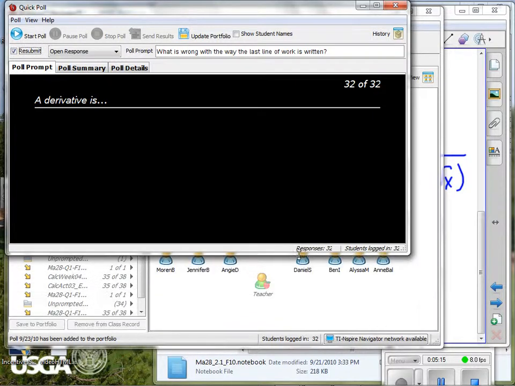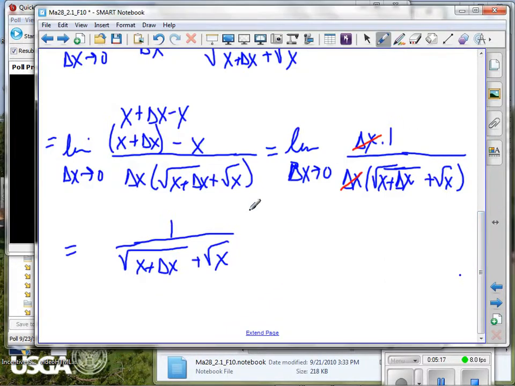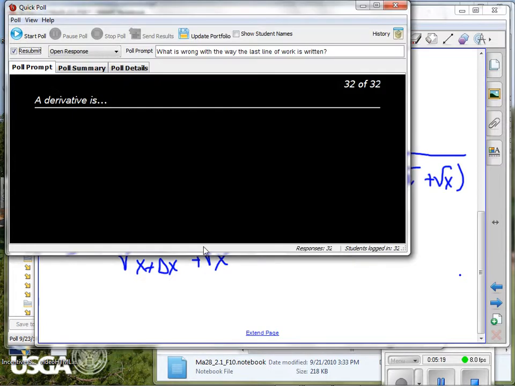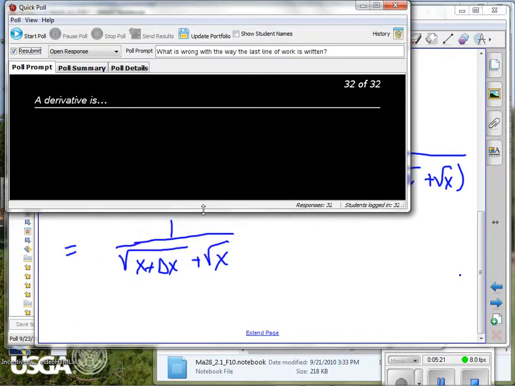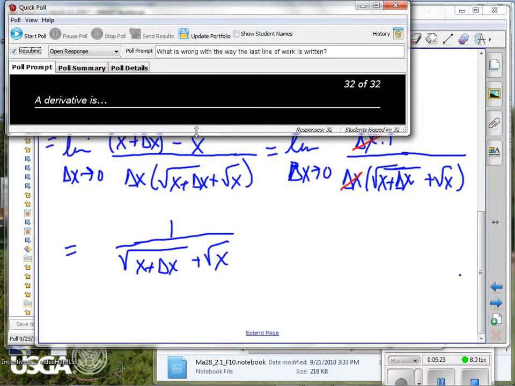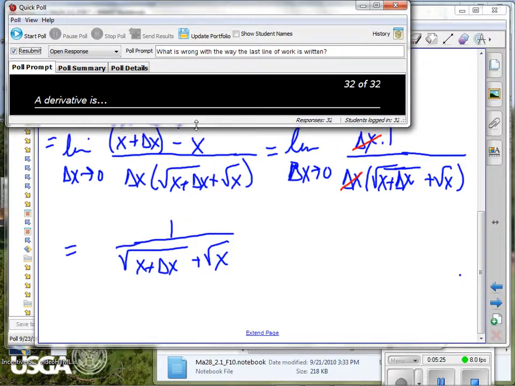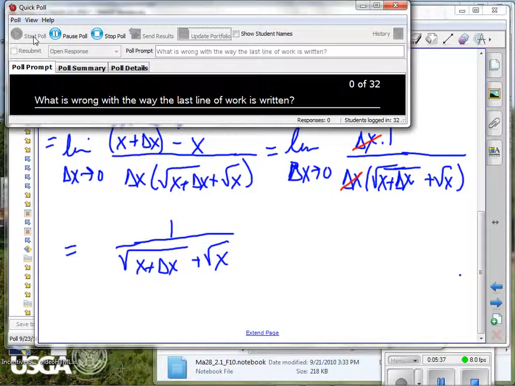Let you see this work here. Actually, you gotta see it from up here. Whoops, what did I do? I said resubmit. Sorry about that. Let's stop that. I don't want you to answer that question. I want you to answer this one. There you go. First one, second one should be gone, I hope. Question is this: what's wrong with the way the last line of the work is written?